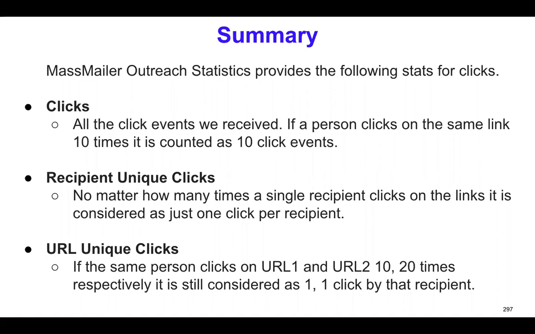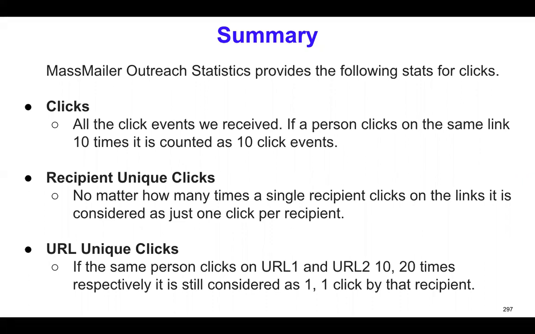We are looking at the uniqueness of each URL, but grouped by that particular recipient. So one person clicked on both links, multiple times on each, but it is still considered as one click for each unique URL by that person. So it becomes two. That is the URL unique clicks.